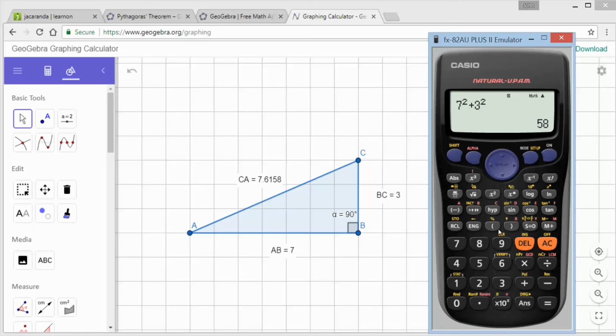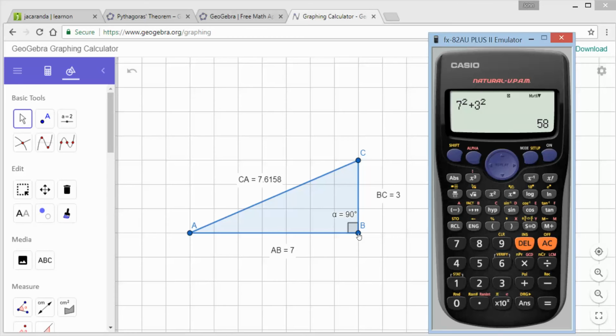Keep that in mind. So 7.6158, and square that. Allowing for a little bit of rounding with this number, 7.6158, you can see we're very close to the previous answer, 58.